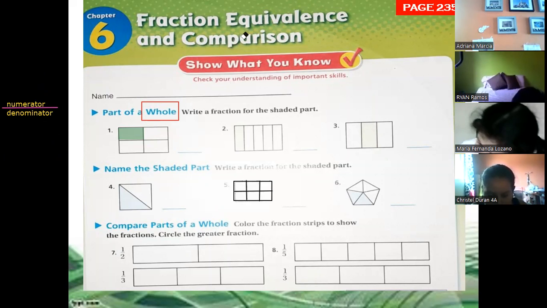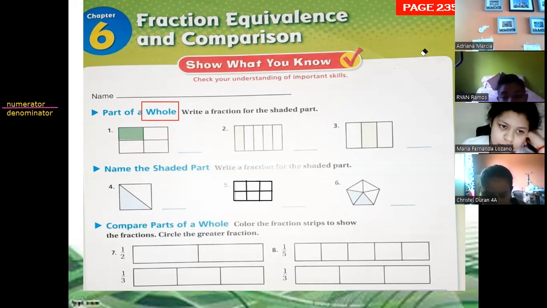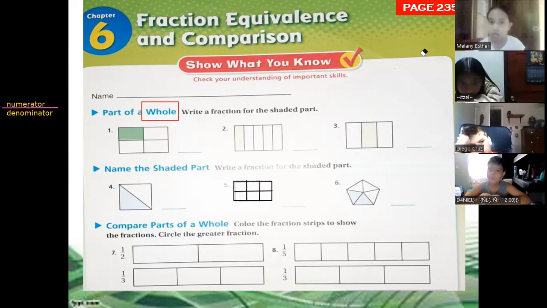Again, the denominator is the number of parts a whole is divided into. Into how many parts is this rectangle divided?